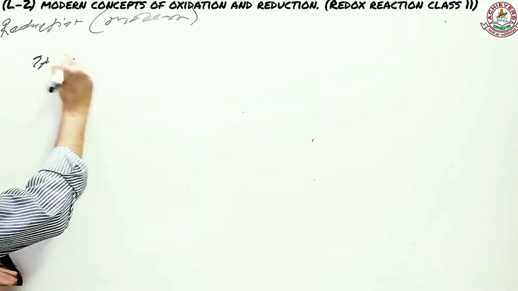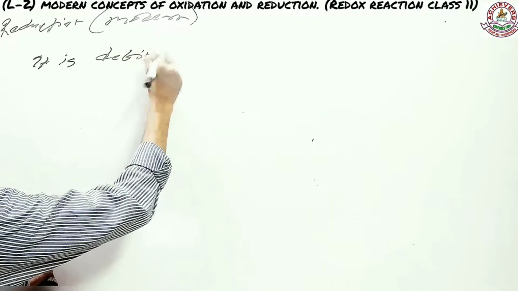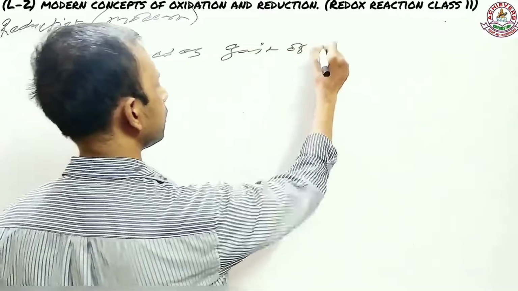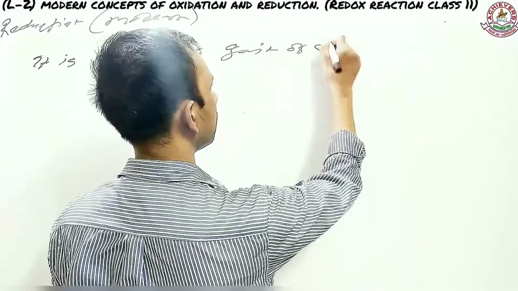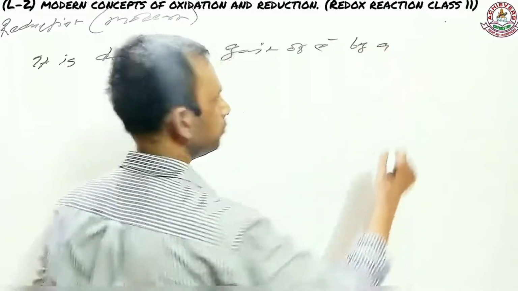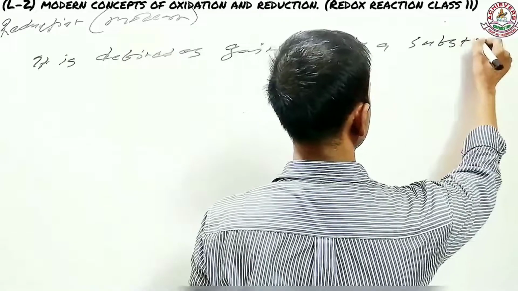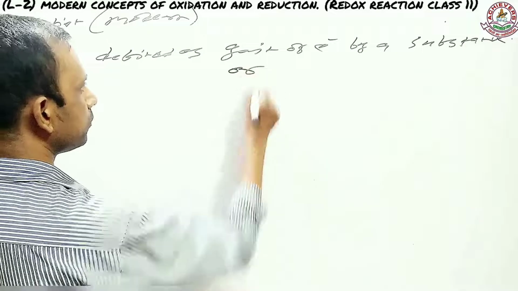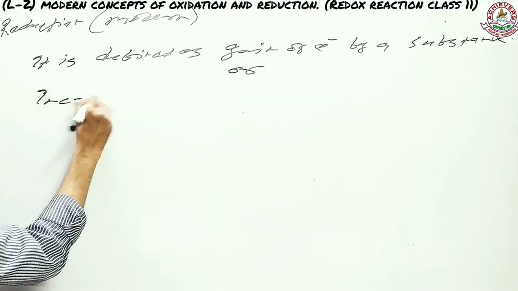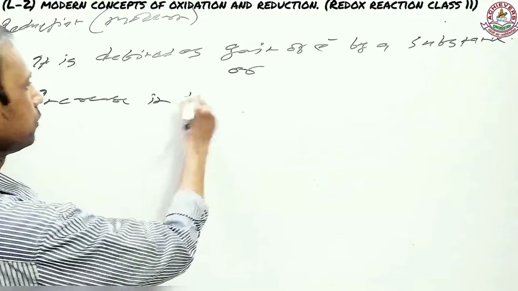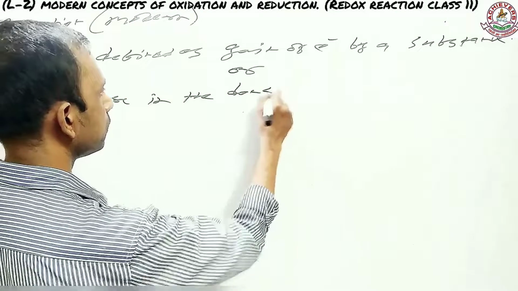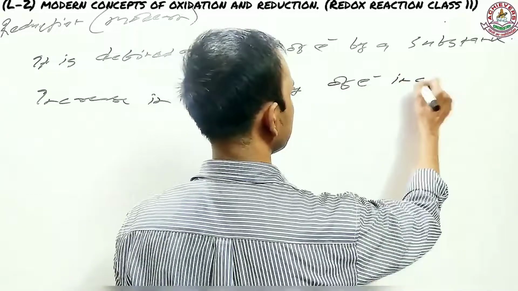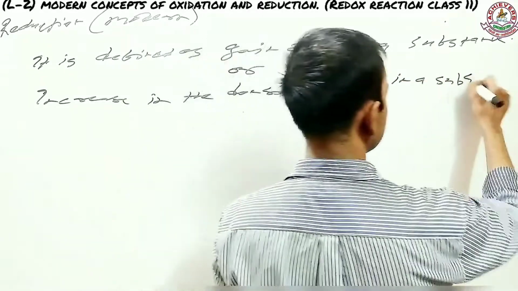It is defined as gain of electron by a substance. Now just concentrate here. It can also be defined as increase in the density of electron in a substance.